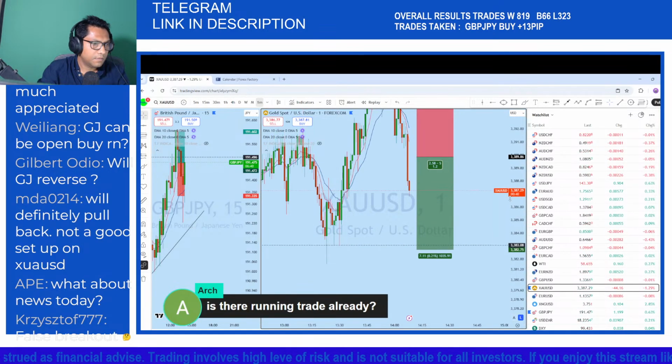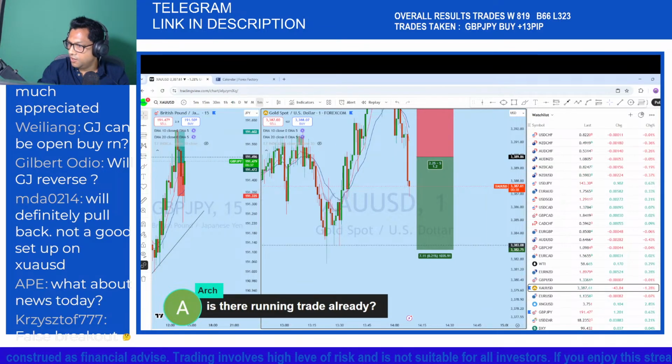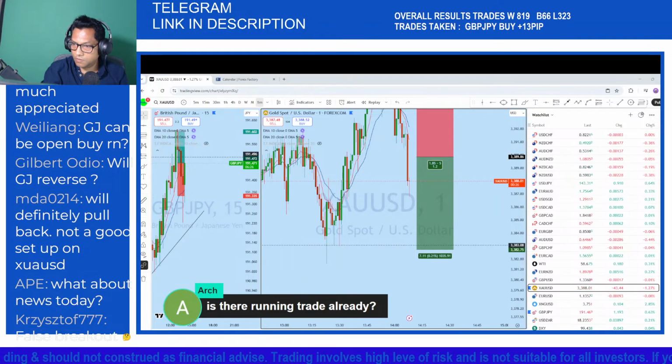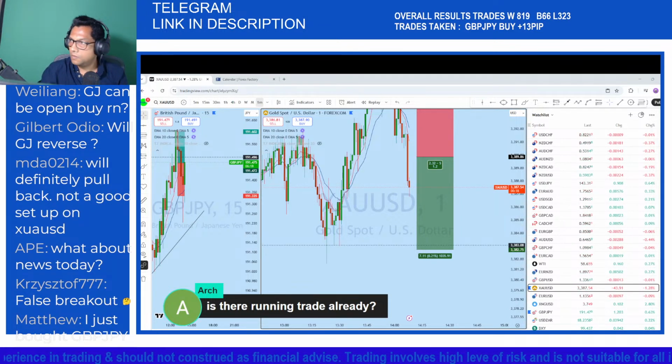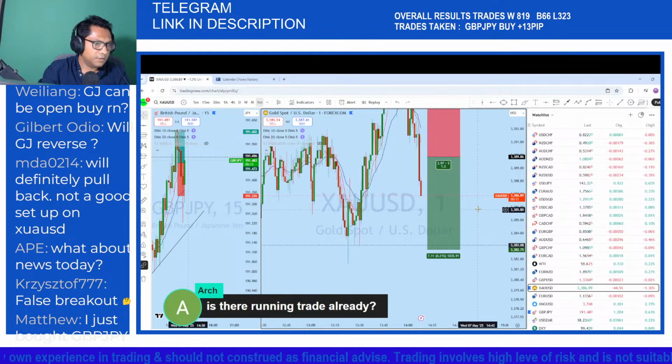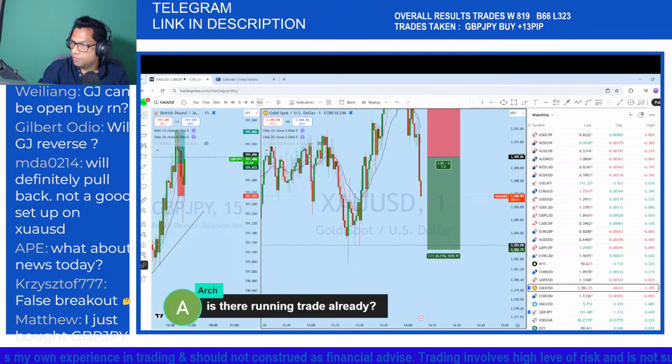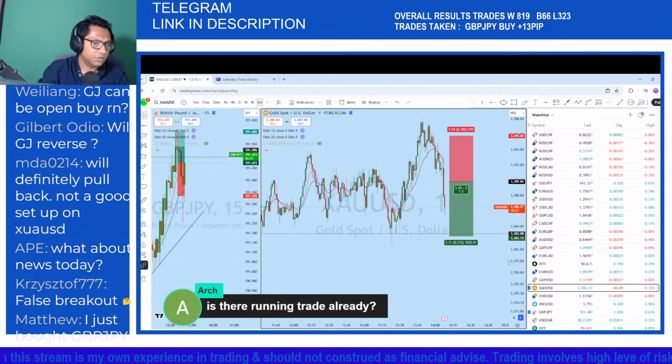After the GBP JPY, okay, it's coming back below here, and waiting for a potential TP hit.